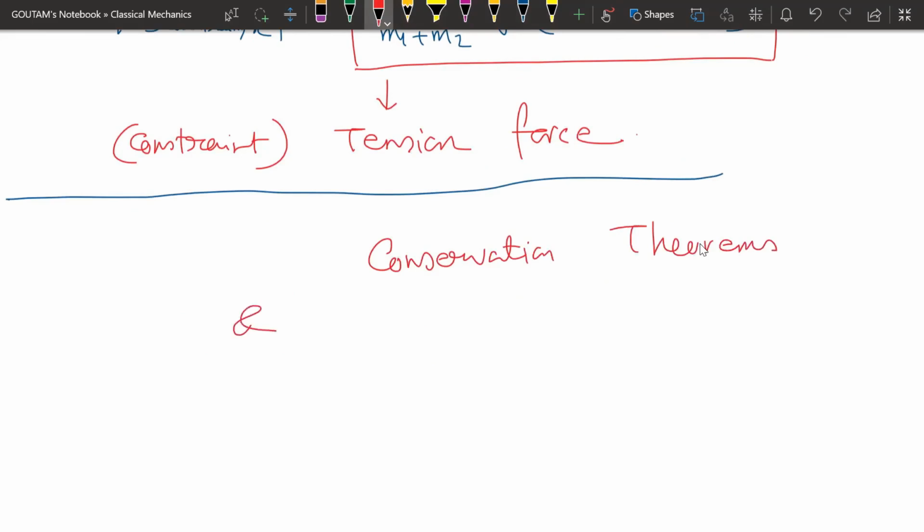Conservation theorems and symmetry properties.